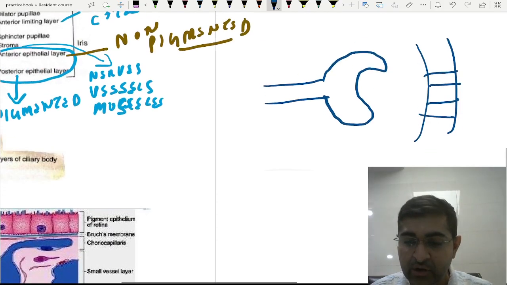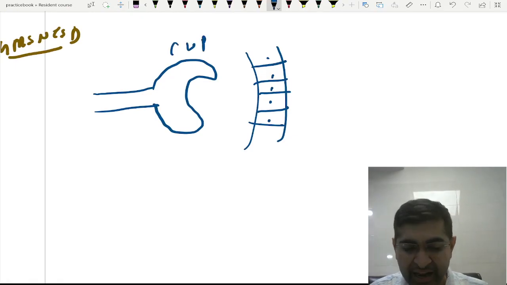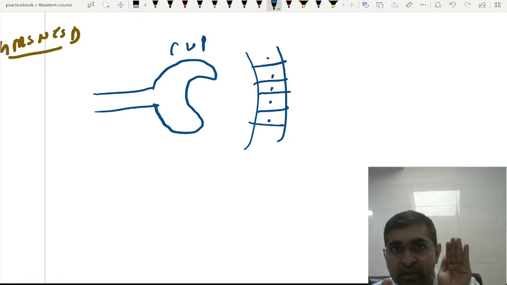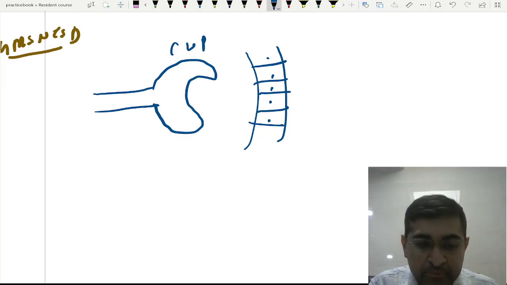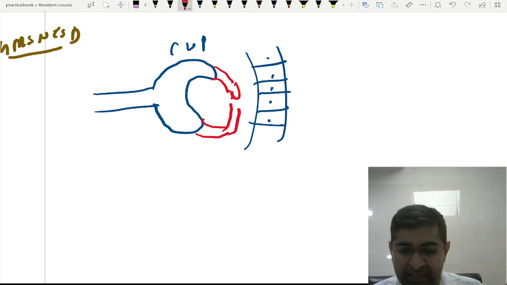When the optic cup closes, the peripheral part of the optic cup forms the ciliary body, and then it forms the iris.